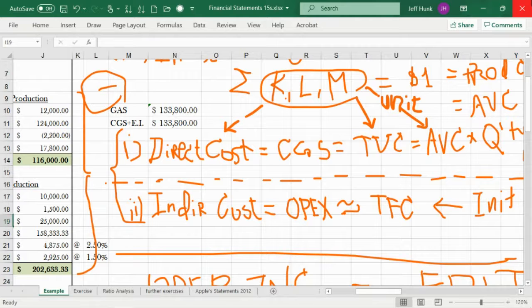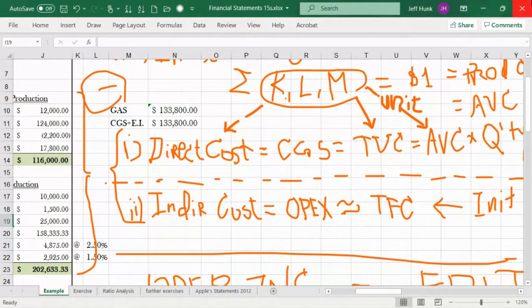Think about it. For any production, be it manufacturing or agriculture or whatever, you have to have labor. First of all, you have to have raw material, labor, and capital, right? That goes without saying.